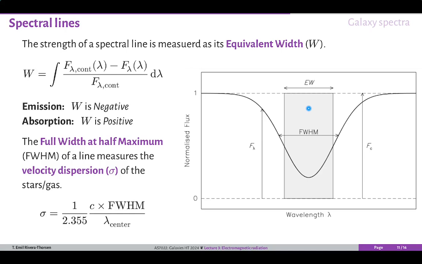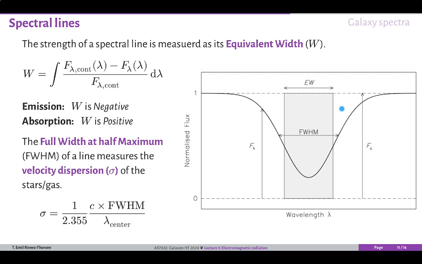By convention, which again can be a little bit confusing and counterintuitive, for absorption lines, the equivalent width is positive, whereas for emission lines, the equivalent width is negative. But in practice, we always know whether we're working with absorption or emission lines, and the sign is often omitted.